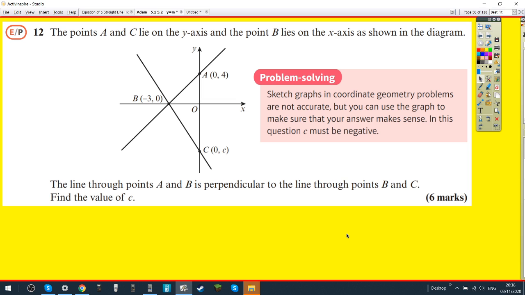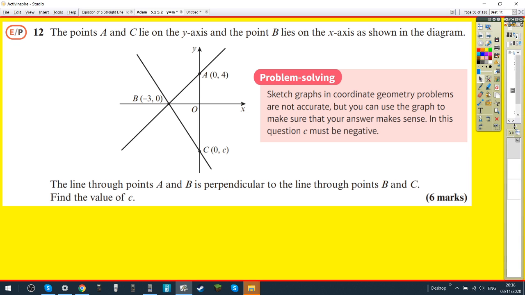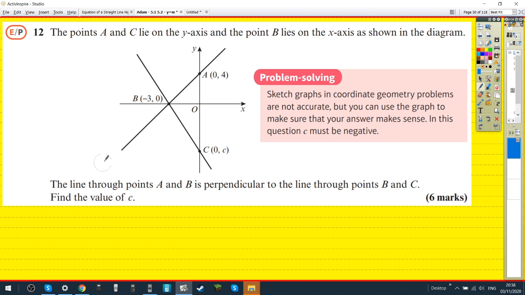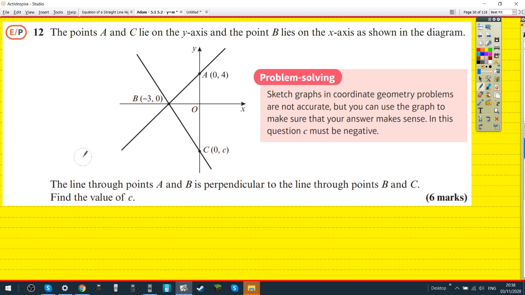So would you use y equals mx plus c? Yep, you could do that. But you don't know what the gradient is. Could you still substitute the points in? You could use that to find the gradient. You can't substitute them into the same equation; you have to pick a point, one is x, one is y. So could I just use A? Yep.